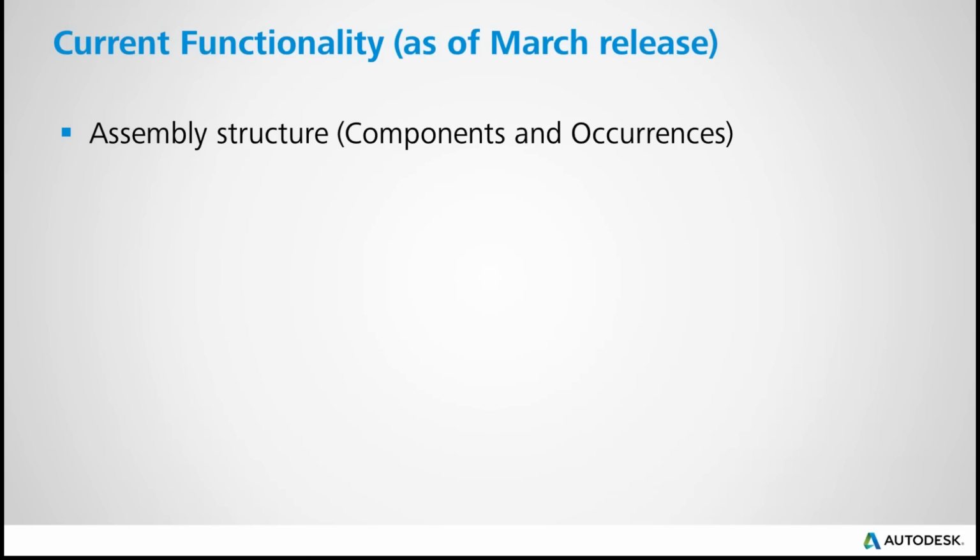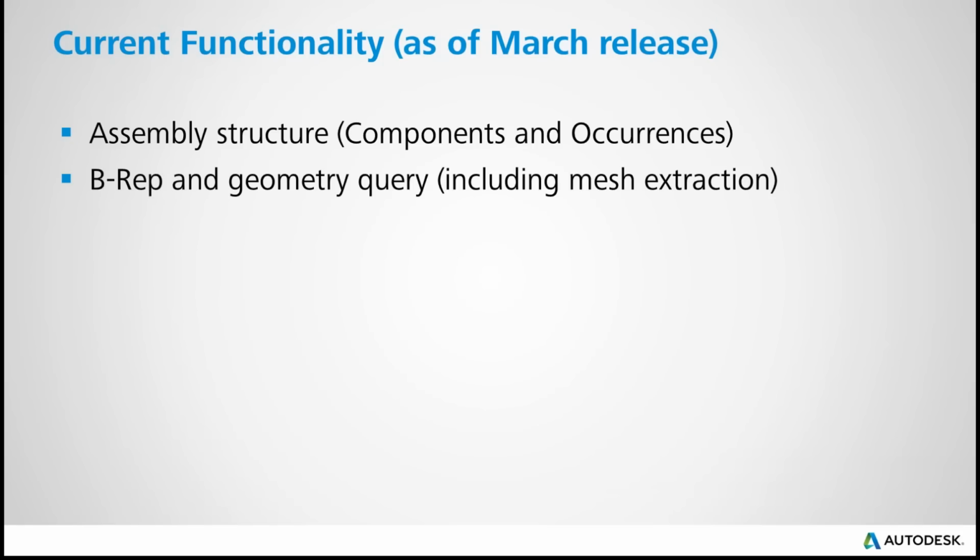Some more things that are more API specific: through the API, you can traverse the assembly structure to see what components you have and what subassemblies and what parts are inside those. So that's all possible today through the API. You can also query the geometric information out of a model.